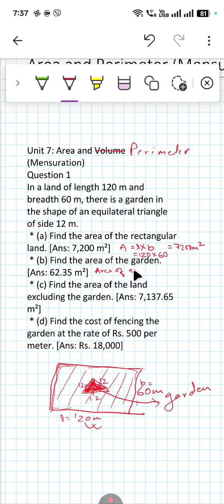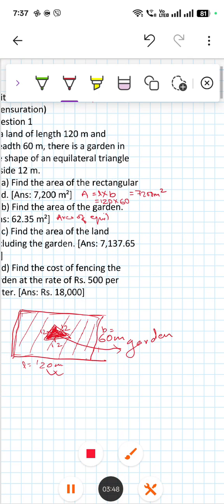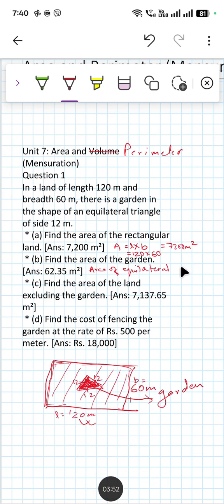Area of equilateral triangle is equal to root 3 by 4 a square. Here a means the side of the equilateral triangle. So what is the side? That is 12.